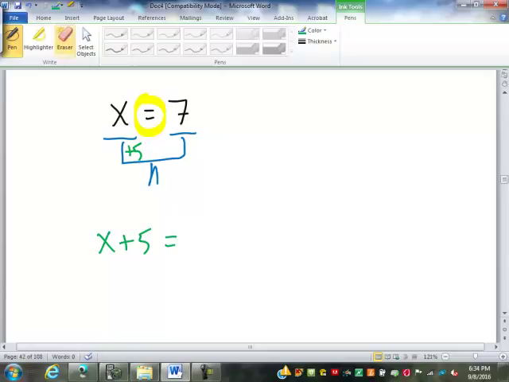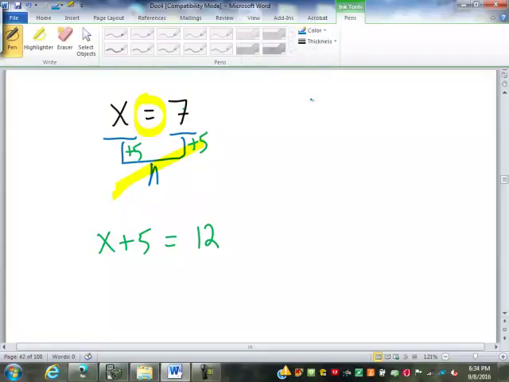But because of this idea of a balanced scale, if I add 5 to one side, this thing's going to tip unless I do what? Add to the other side. Whatever I do to one side, I have to do exactly the same thing to the other side in order to keep things balanced. So 7 plus 5 is 12. So I've made this equation more complex. I've built onto it by adding 5 to both sides.